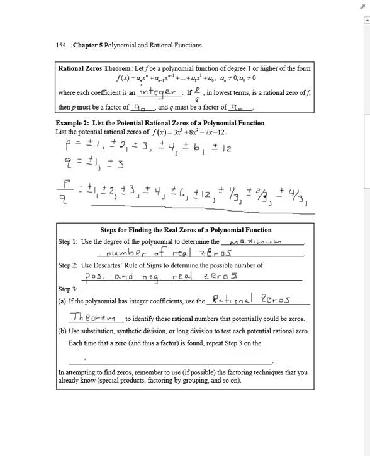Each time that a zero is found, we repeat step 3 on what they call the depressed equation, which is what's left over after we do division.